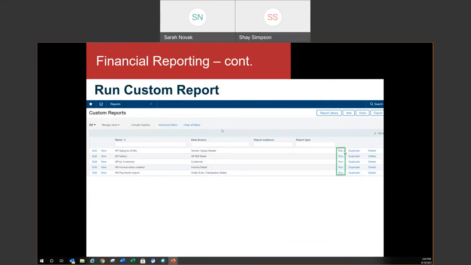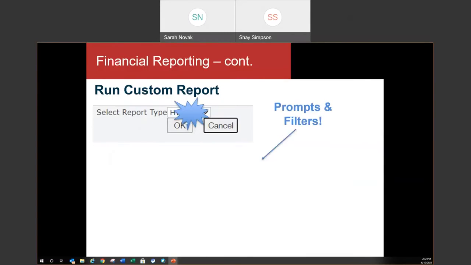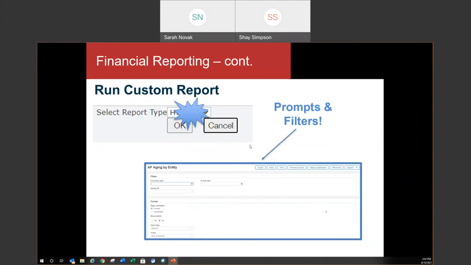All right. How many folks were always frustrated when you went out here to run a custom report from the custom report screen, and this is what you got? You got this report type that you could select, HTML, CSV, I think, or PDF, and you could click OK. You could not see your prompts or filters.